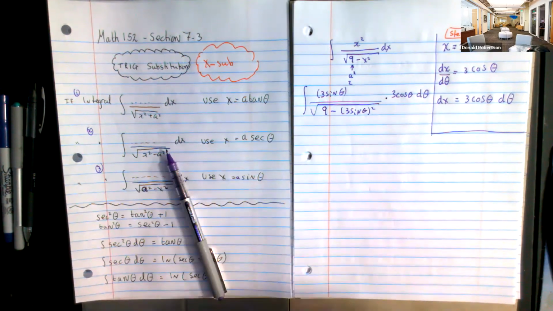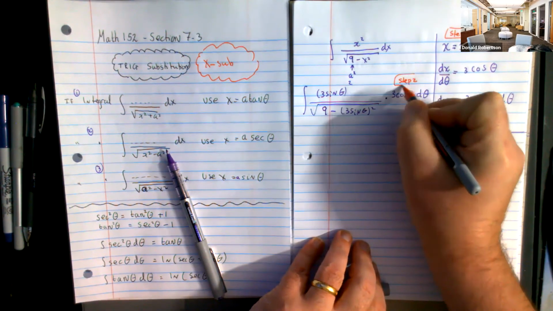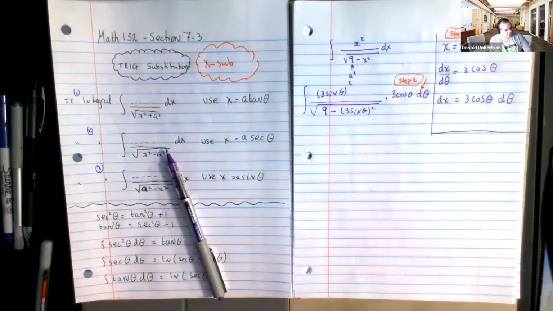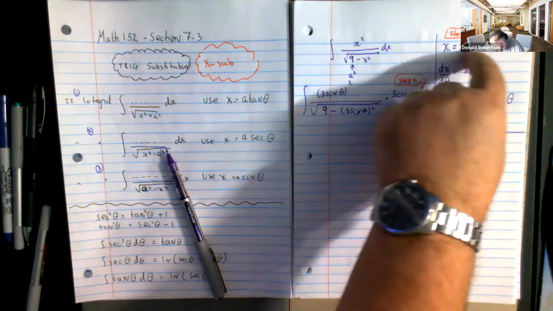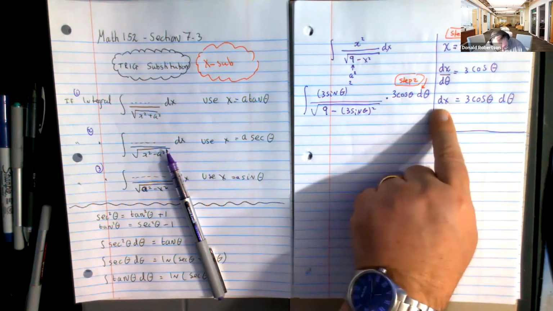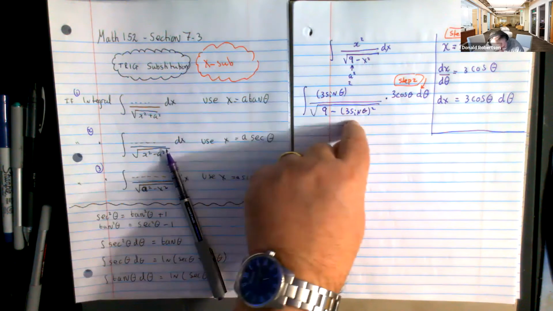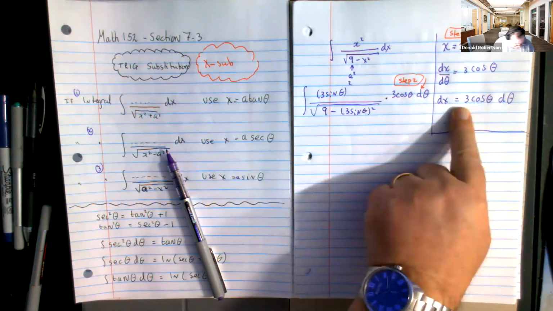And we'll call this bit step 2. So step 1 is find the correct x sub to use, do your differentiation and isolate the dx. Step 2 is to take all of the pieces and replace the x's with 3 sine thetas and to replace the dx by whatever this is.